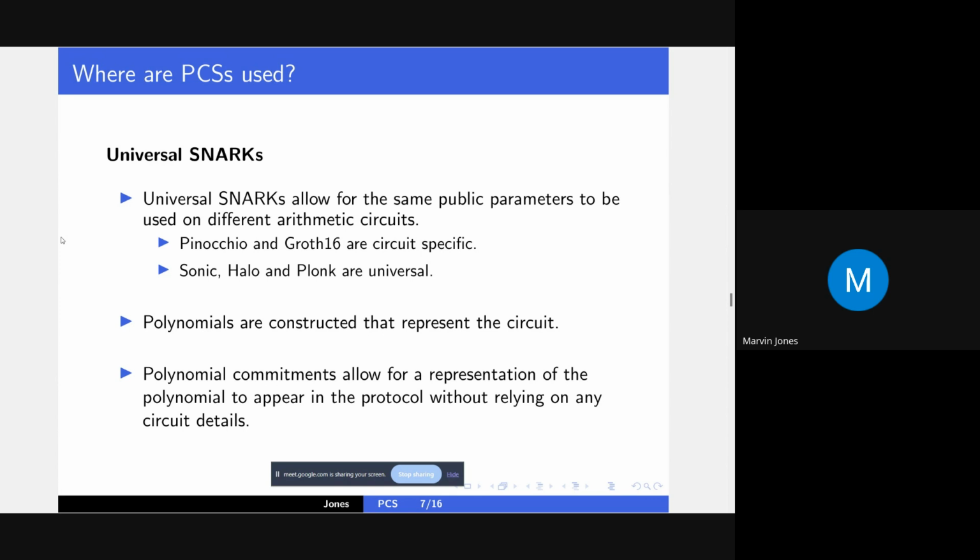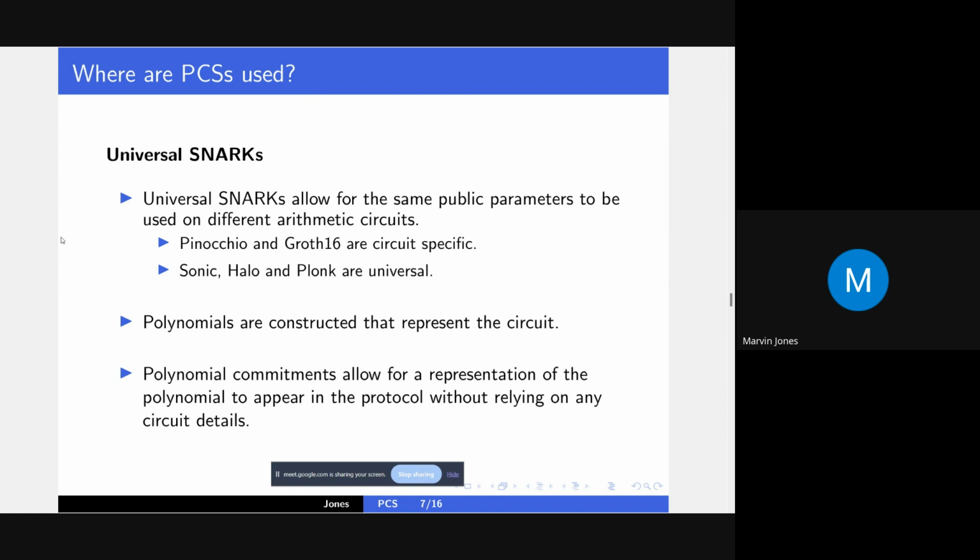So a universal SNARK, the only criteria there is that the public parameters for that SNARK can be reused in different circuits. If you go back to Sapling and Sprout, I believe, and there might be another one, but I think Sapling and Sprout were both Pinocchio and Groth16 for Zcash.